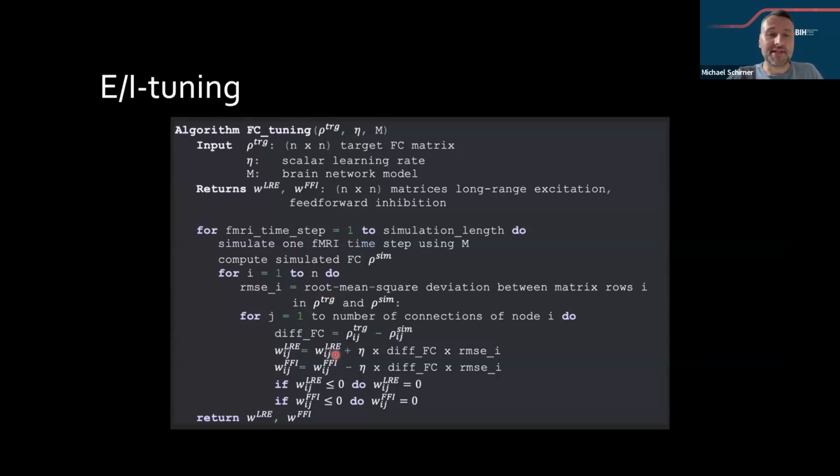When we notice that in our empirical matrix there is more correlation between two brain areas than in our simulation, then we increase EI balance in our simulation. Vice versa, if we notice that in our empirical matrix there is not enough correlation, not enough synchrony between a pair of brain areas, then we decrease the correlation and move towards antisynchrony. And we do this until we have the desired fit.